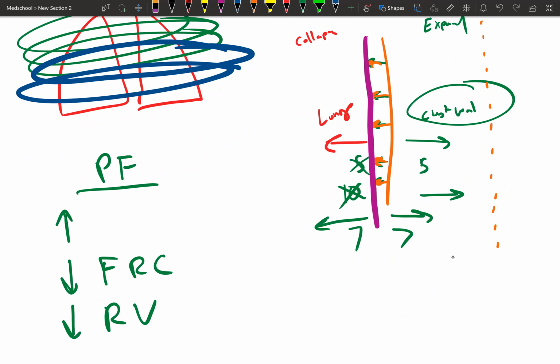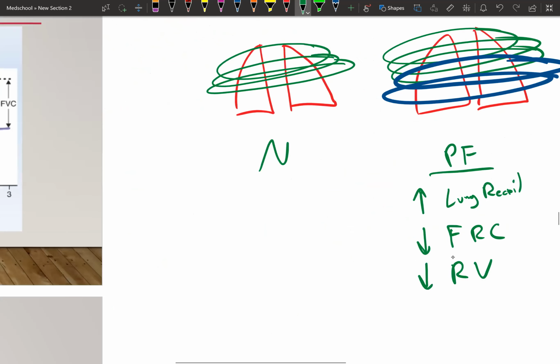And that's increasing lung recoil, to specify recoil. We're increasing lung recoil because where you had 3 rubber bands, now you have 5 rubber bands. Does that make sense? Okay, hopefully it did. I'm assuming you said yes.